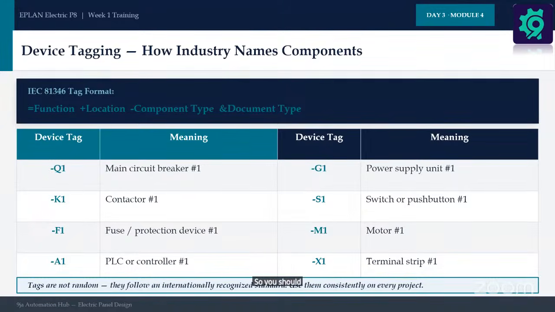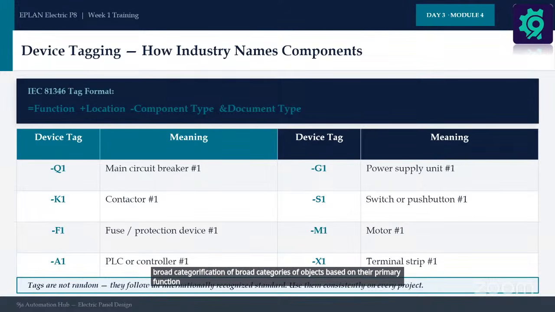And now listen, the classification is arranged in hierarchy. At the top level are classes. Broad categories of objects based on their primary function. That's the top level, name it classes.